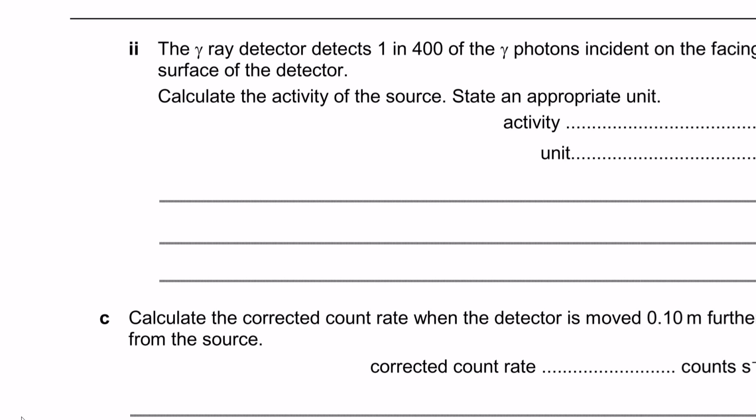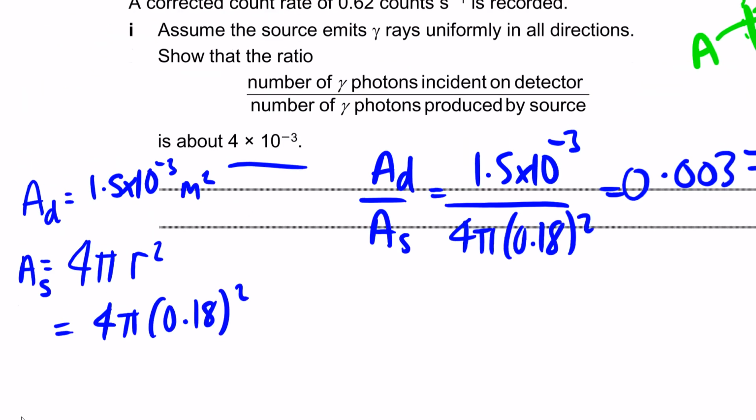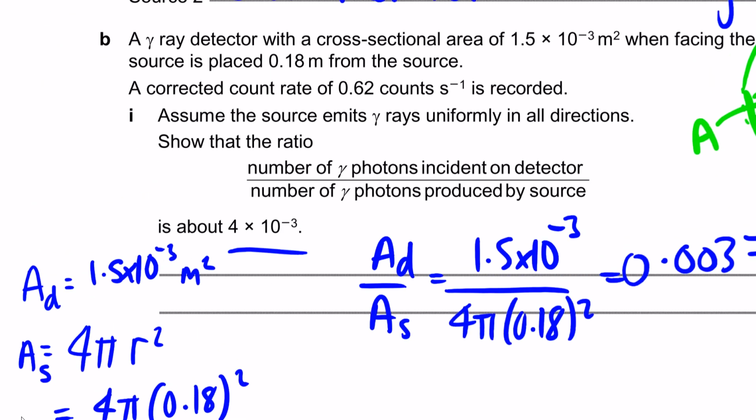We also need to mention the area over which we're detecting, because remember, we said here that the ratio of the number of photons produced compared to the number incident is around 0.04. So we're measuring 0.4% of what it's actually doing.